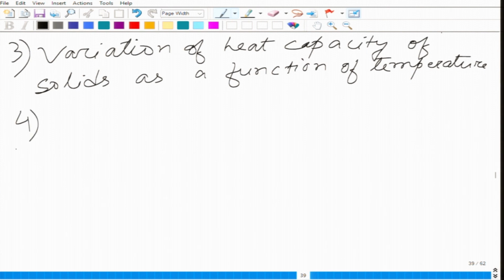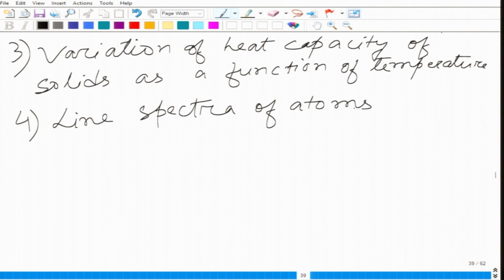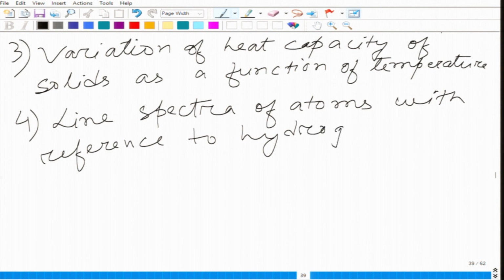And the fourth factor was line spectra of atoms, with reference to hydrogen.